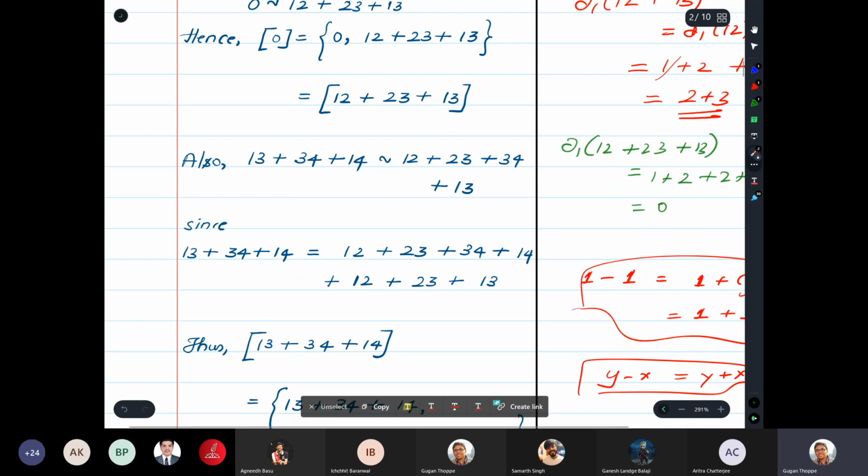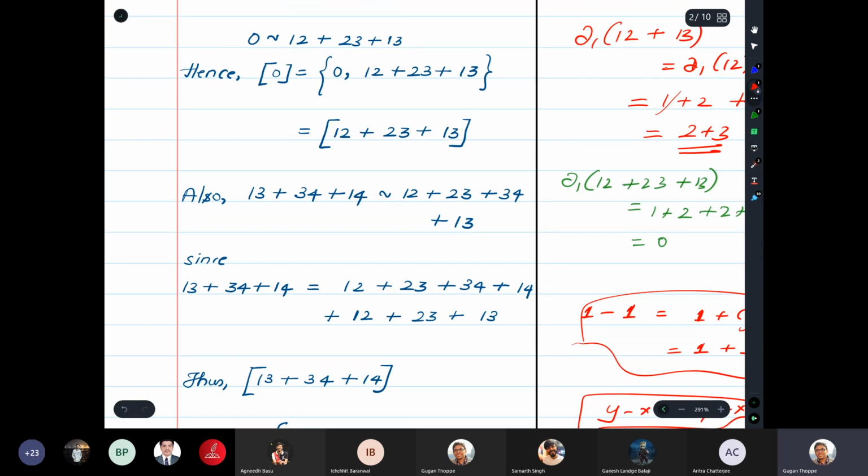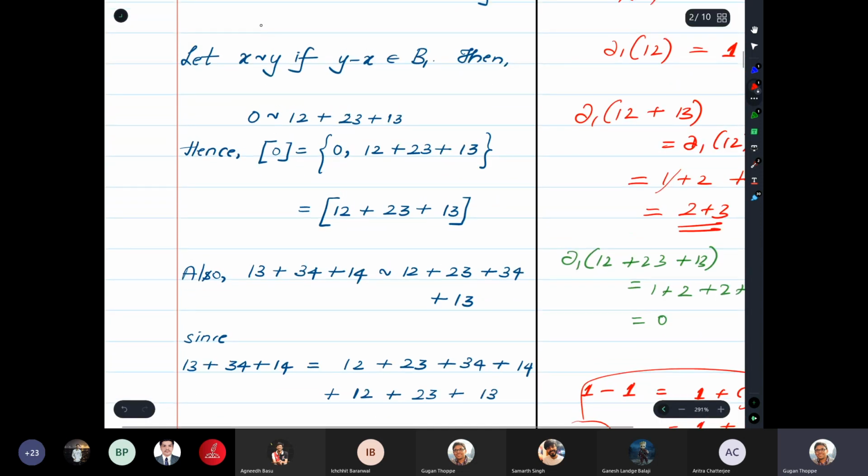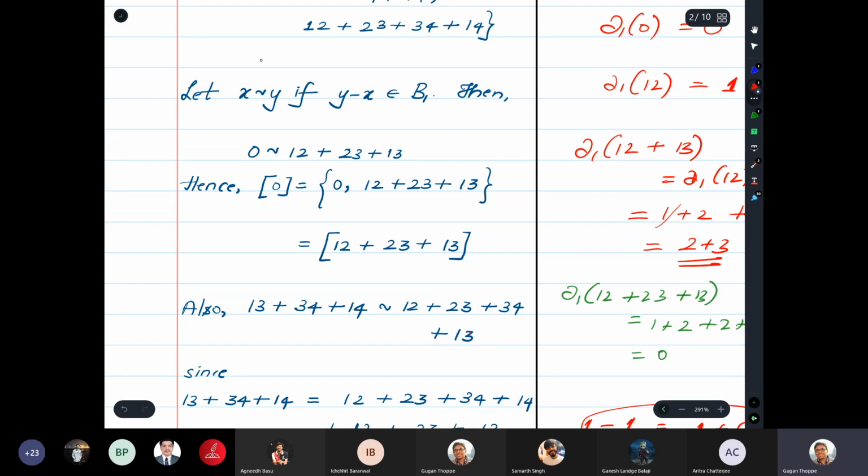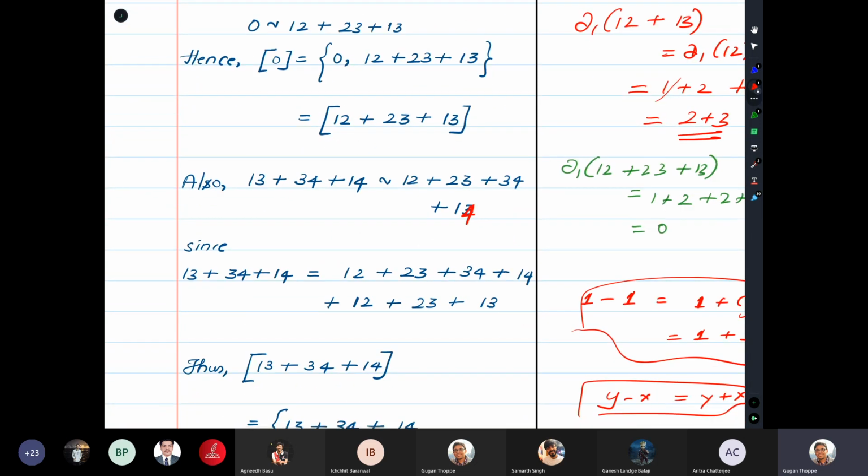So if you take the addition of what is on the right, it is 12 plus 23 plus 34. Sorry about this, I think there is some mistake somewhere. Let me make sure what the chain on the right is. It should be 14 here. So this was a mistake. All right, now this makes sense.